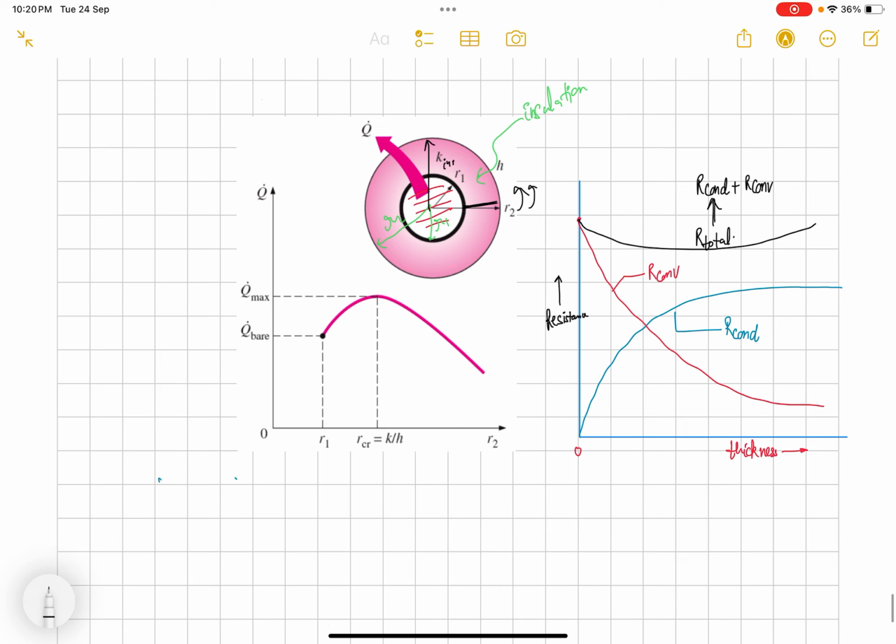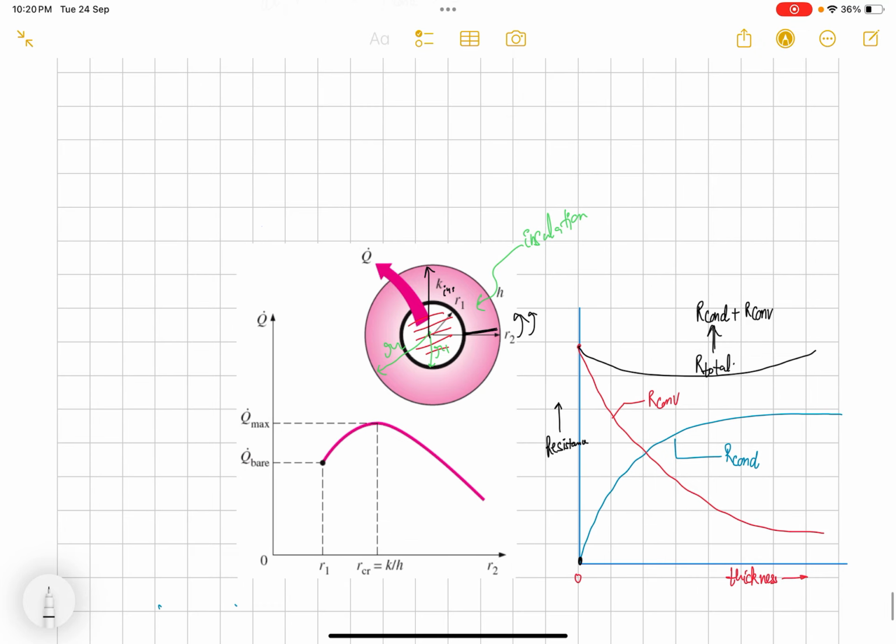So that's why the conduction resistance graph starts from the origin, and it will increase when we increase the radius of insulation, because from intuition we can say that when we are putting in material, there is extra conduction resistance coming in because of that insulation. So conduction resistance will increase when we increase the material.